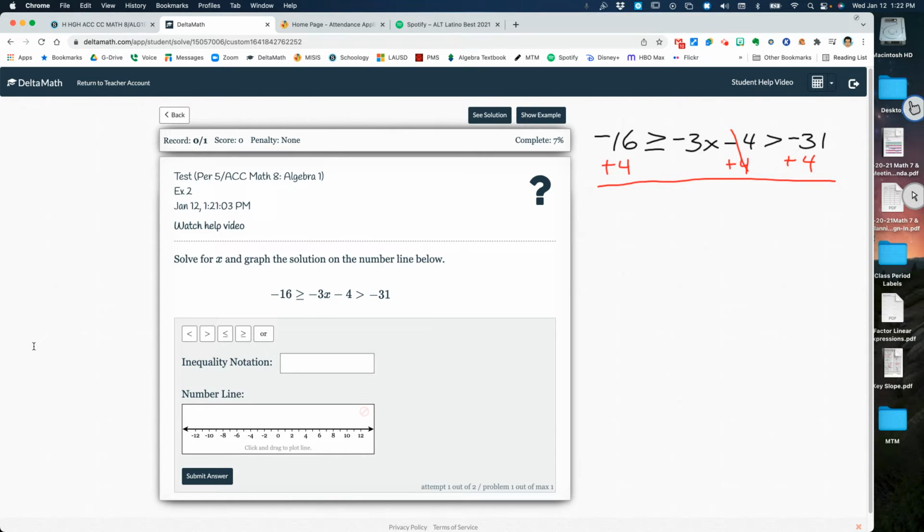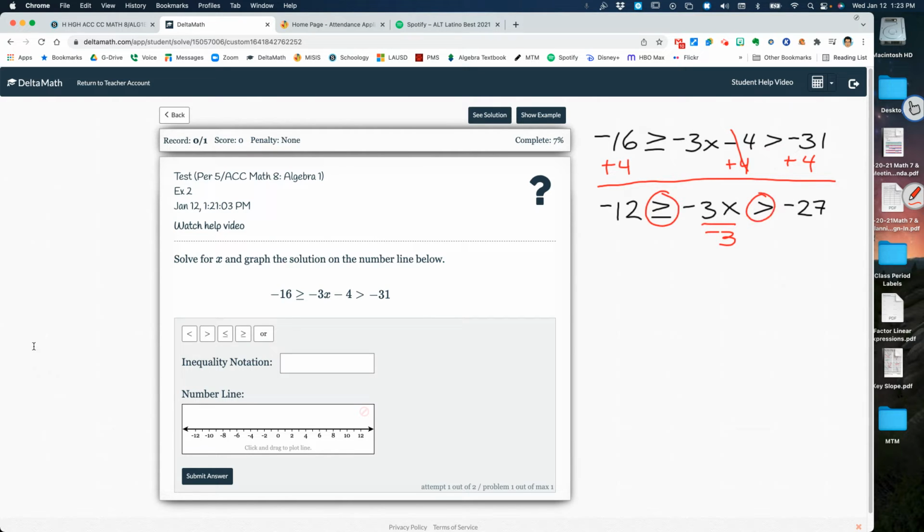Okay. So let's see, negative 16 and 4, that's negative 12, greater than or equal to negative 3x, greater than, and that's going to be negative 27? Okay, how's that? Everything okay there? Now this is where we divide by, you want to get rid of the coefficient negative 3, so divide by negative 3.